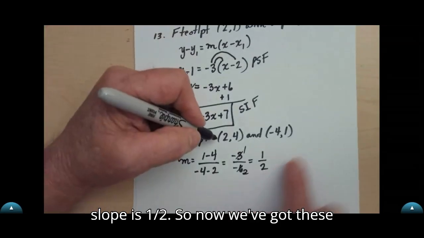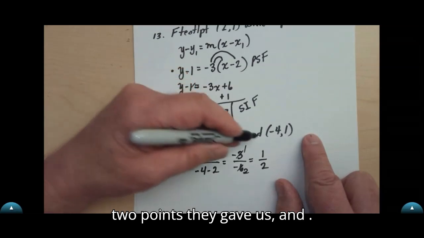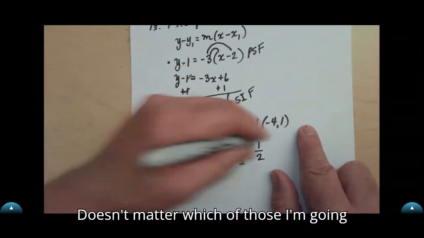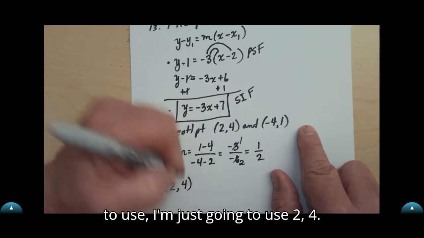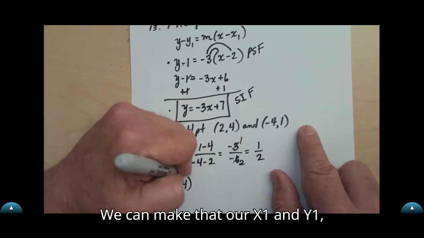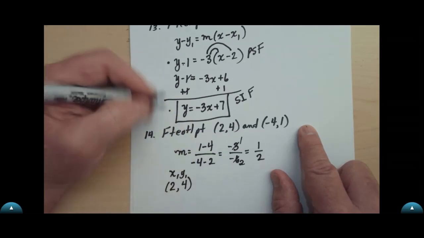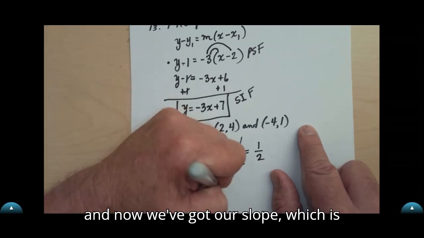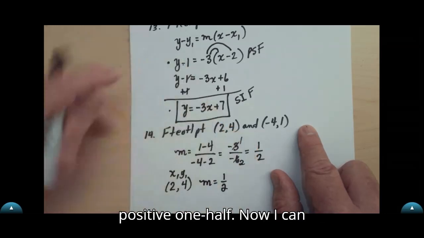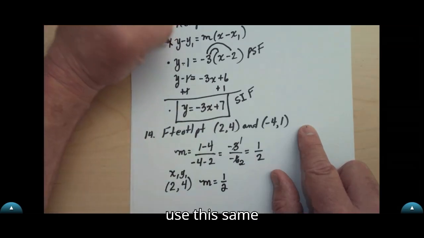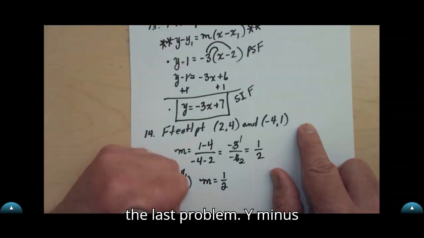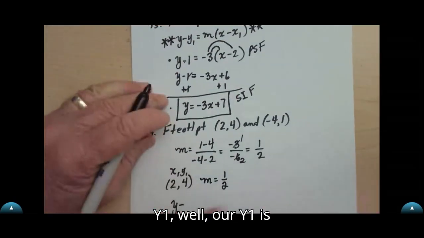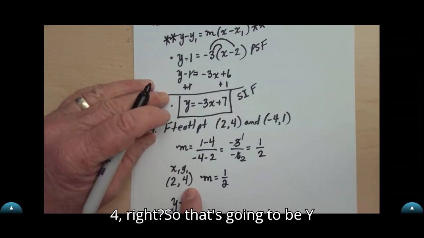So now we've got these 2 points they gave us, (2, 4) and (-4, 1). Doesn't matter which of those I'm going to use. I'm just going to use (2, 4). We can make that our x1 and y1. And now we've got our slope, which is +1/2. Now I can use this same point-slope formula idea that I used on the last problem. y minus y1, well, our y1 is 4, right?